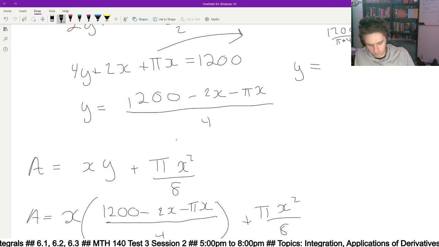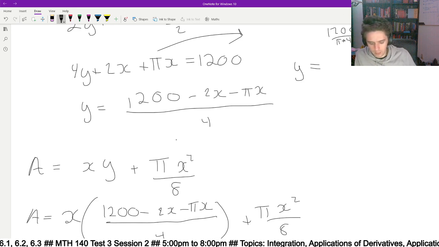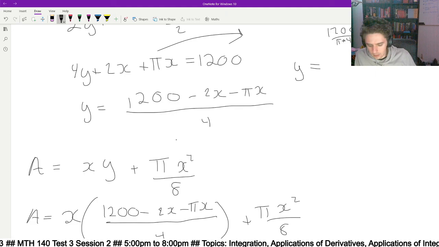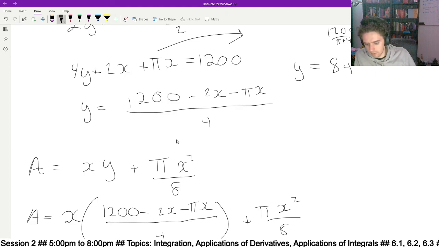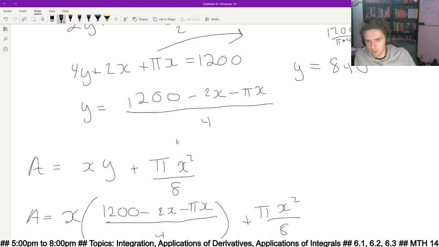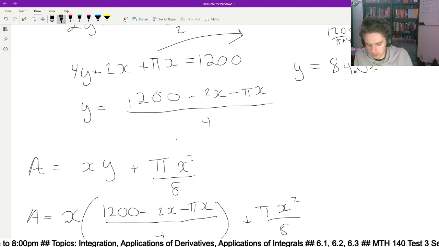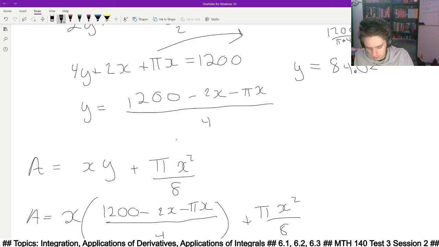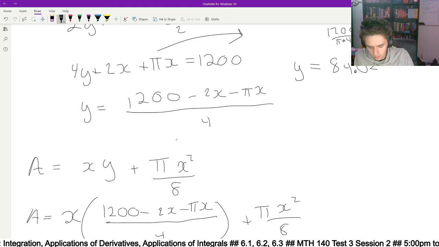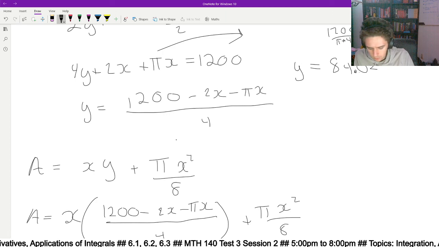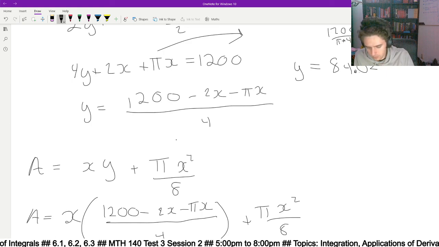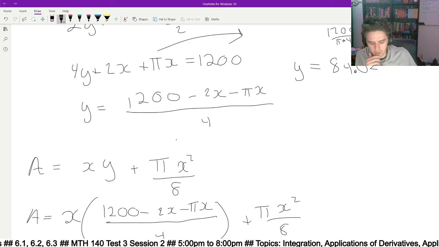So I got some decimal, but it's the right decimal. 84.02, right? Which is the same as the answer, I'm going to assume, minus 600 over pi plus 4. Yes. Okay, so that is the same decimal as the answer, just not in exact form.